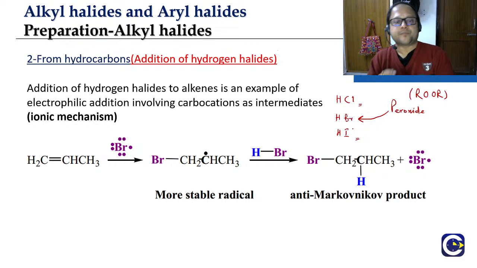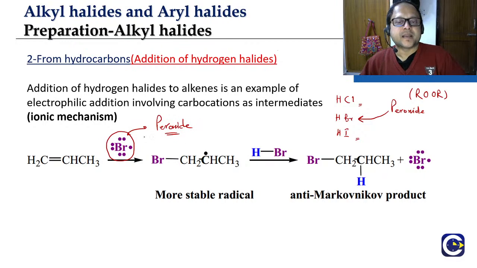Right? Okay. So now how does this whole thing take place? This bromine free radical is generated with the help of peroxide, like benzoyl peroxide, which helps in generating this bromine free radical.